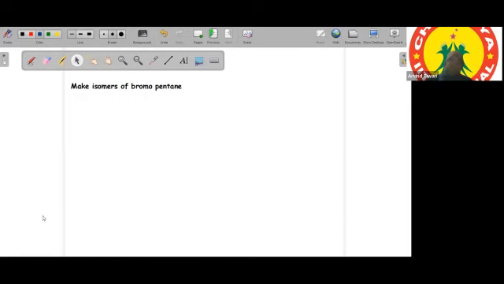I'm drawing some of them. You can add more to it. It's a bromopentane. That means there have to be five carbon atoms, and one bromine has to be added at any place.